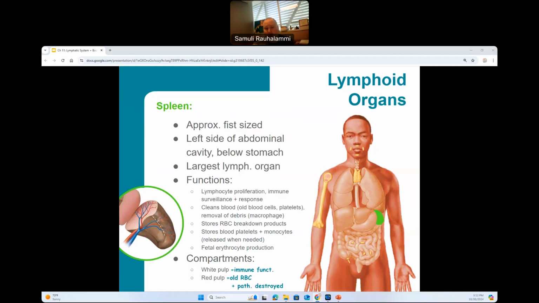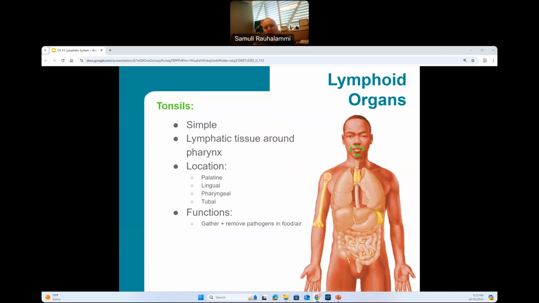It also destroys worn-out blood cells and forms blood cells in fetal development. In addition to that, the spleen really acts as a blood reservoir when we need to add additional blood to the circulation.